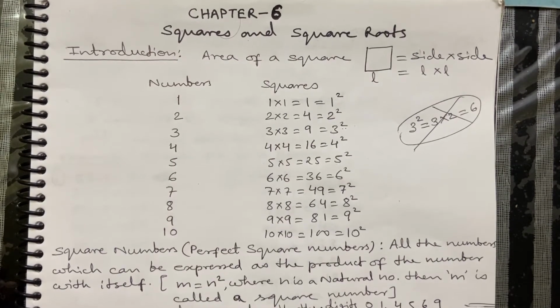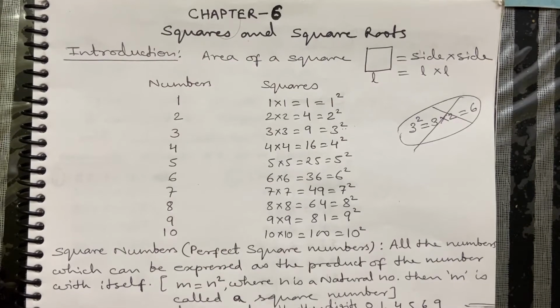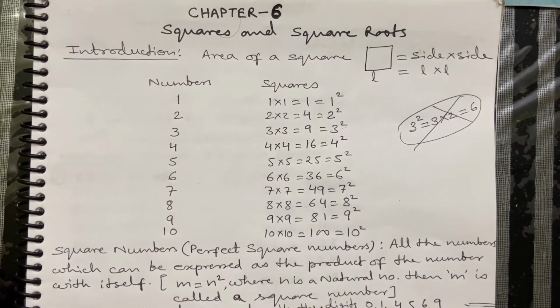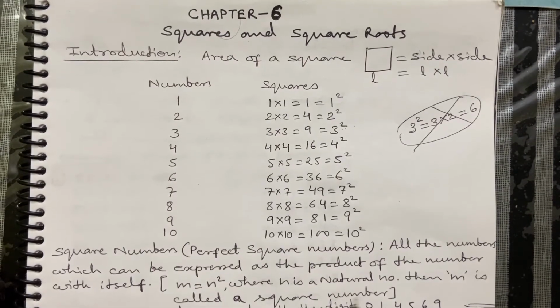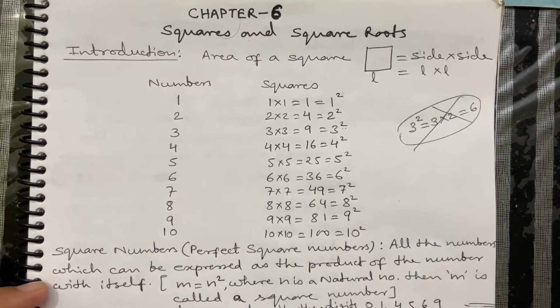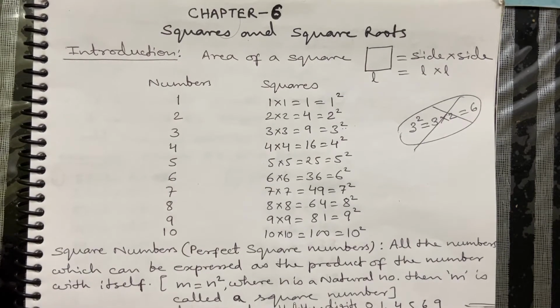There are many more observations which you can see. Now if we have to define square numbers, what type of numbers are called perfect square numbers? We may say all the numbers which can be expressed as the product of the number with itself. This is the definition.